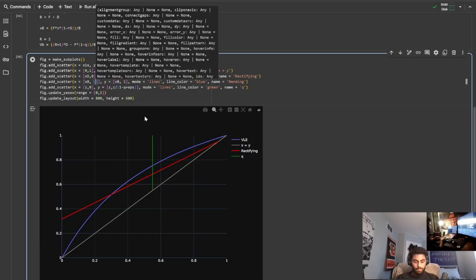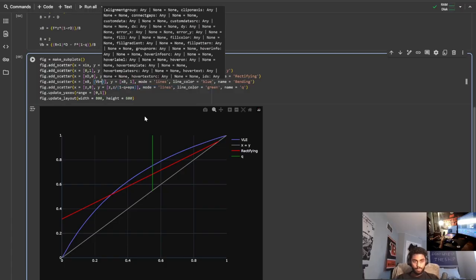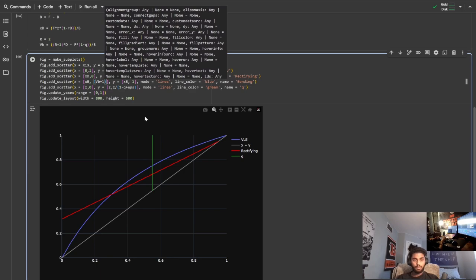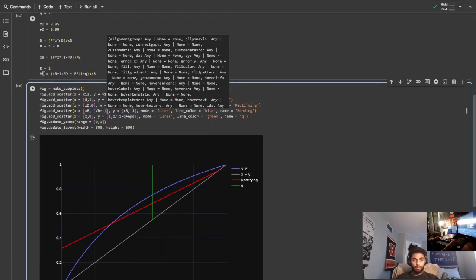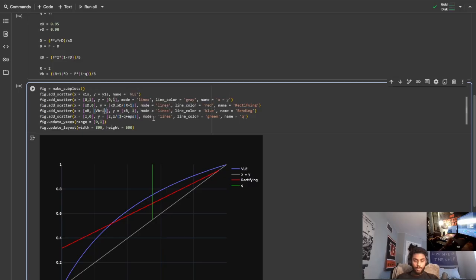So we have now a VB plus 1 plus 1. And this will depend on the boil-up ratio here. Or sorry, we did VB plus X at the bottoms.